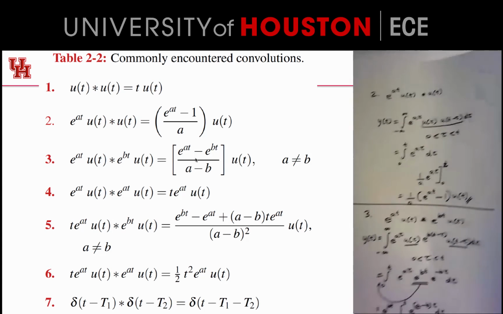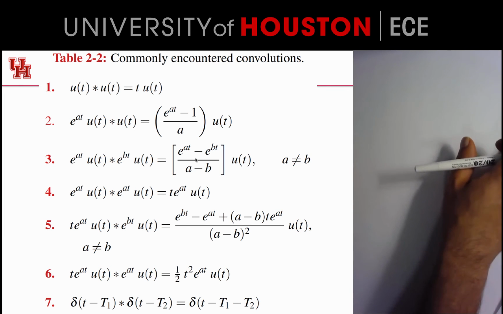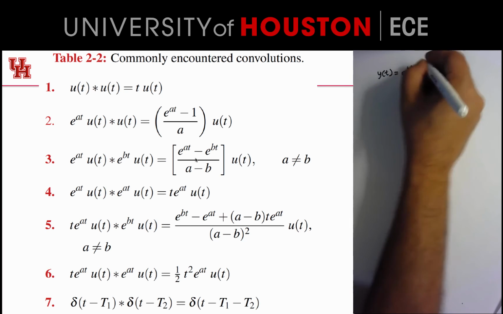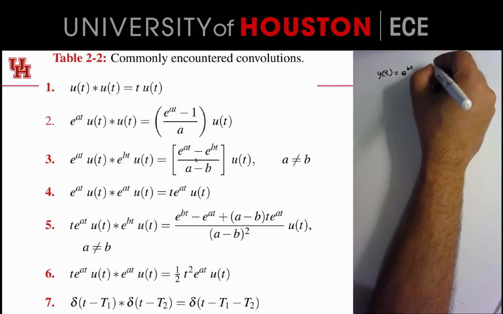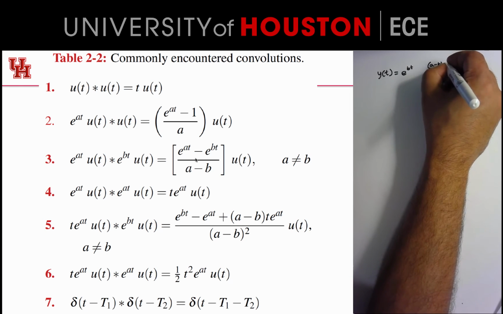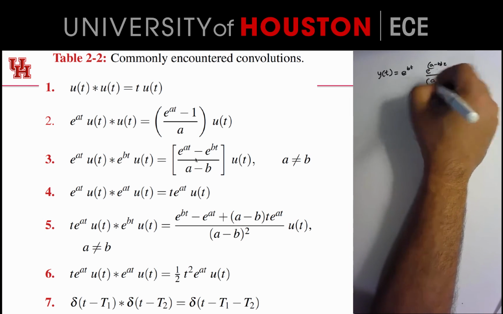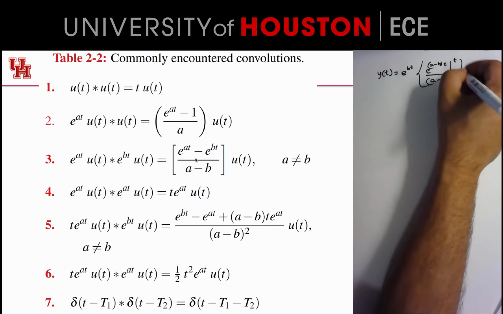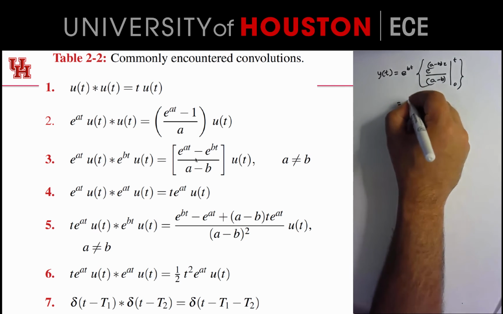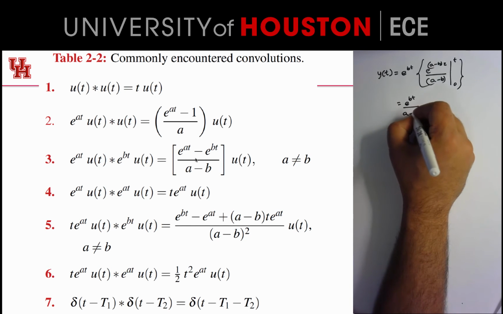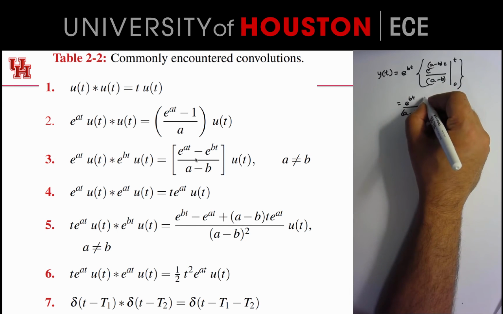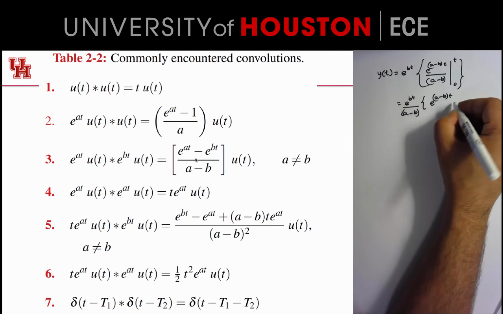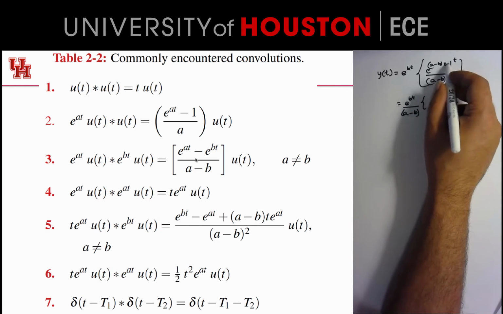So this is given by e to the bt times e to the a minus b tau divided by a minus b, going from 0 to t. So let me rewrite that here on the sheet. So y of t is e to the bt over a minus b, which you can take outside, times e to the a minus b t, minus e to the a minus b times 0, which is just 1.